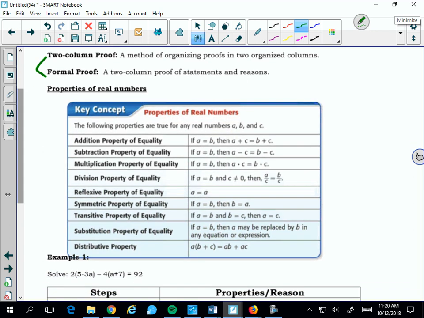Much like what was on the previous page, we have all of these properties of real numbers. But you know all of these properties. These are the reasons that you do math. This is why you know how to do different problems.